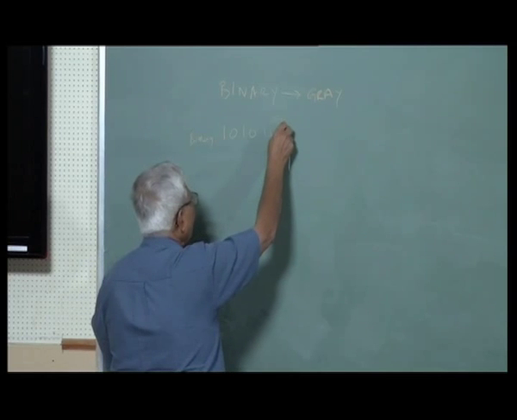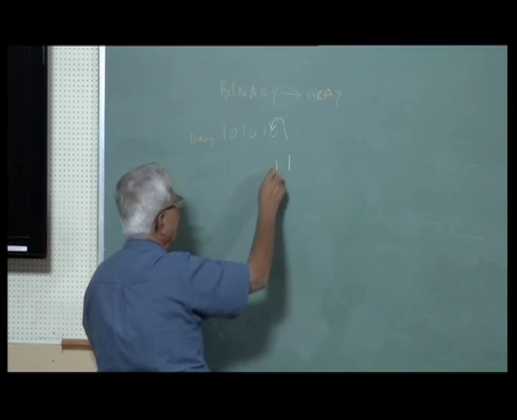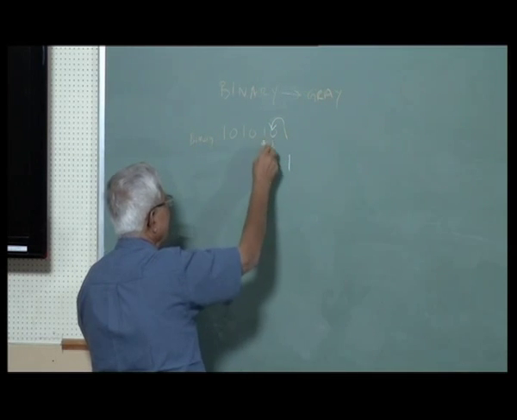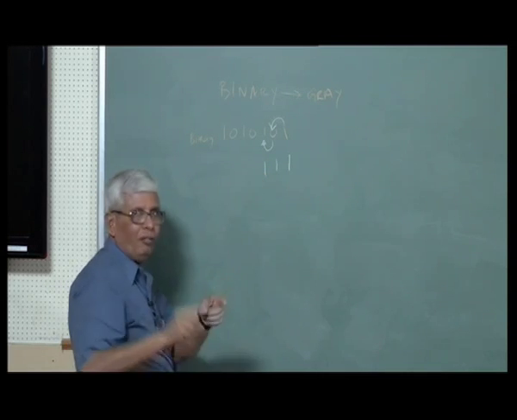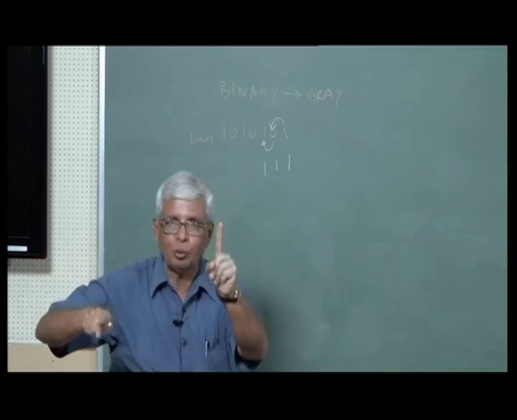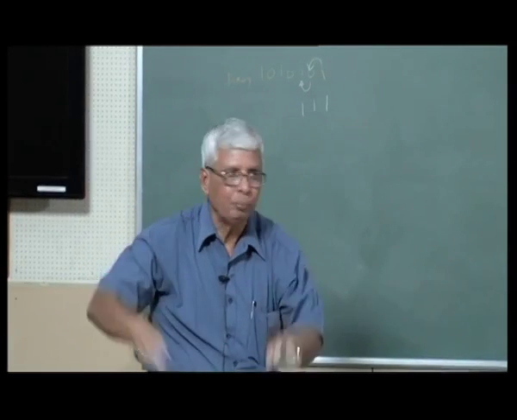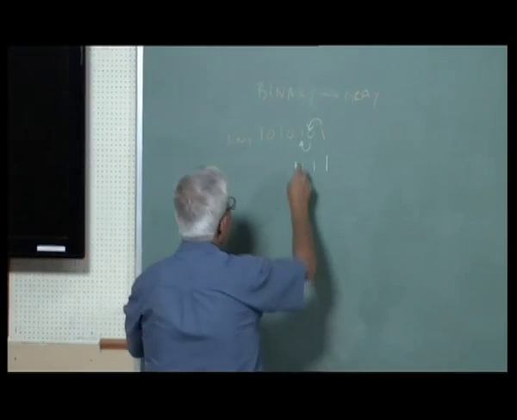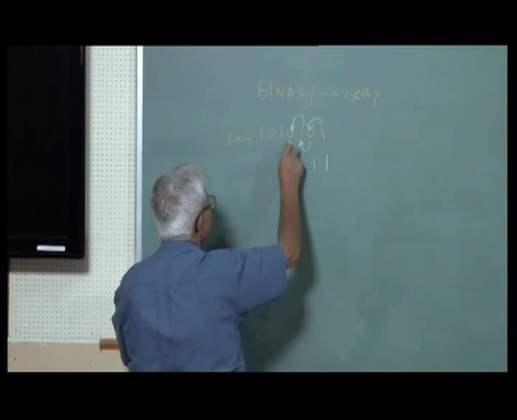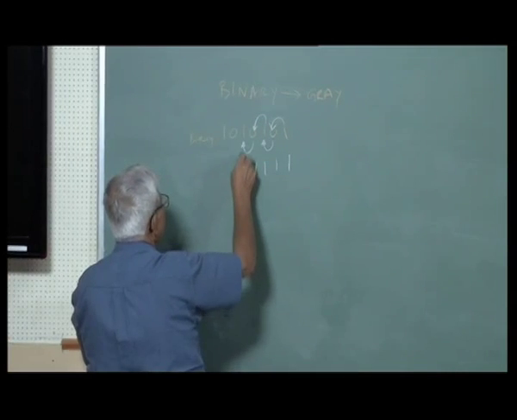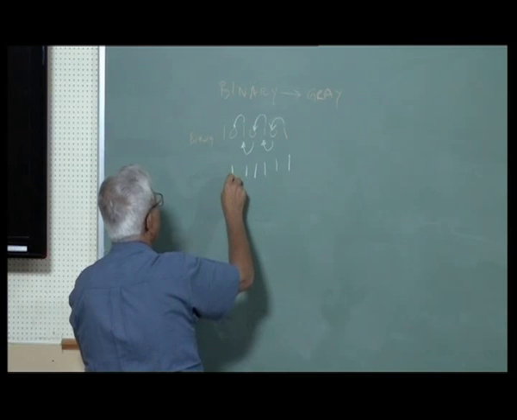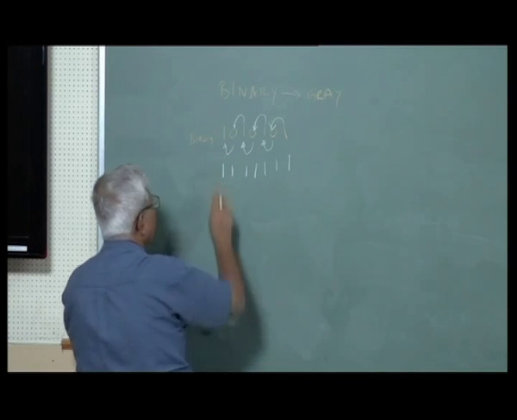Then you take the exclusive OR of the next two bits. That will be the next bit. What is exclusive OR? When one is a 1 and the other is a 0, the output is 1. When both are 1s or both are 0s, the output is 0. Exclusive OR of this and this. This is the gray code.